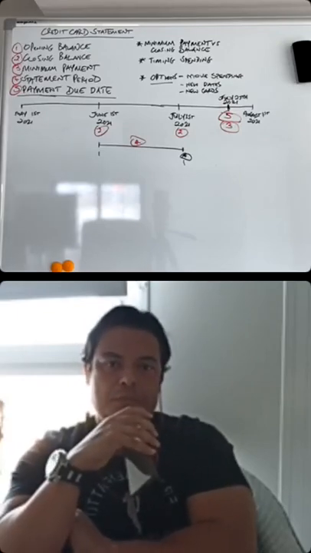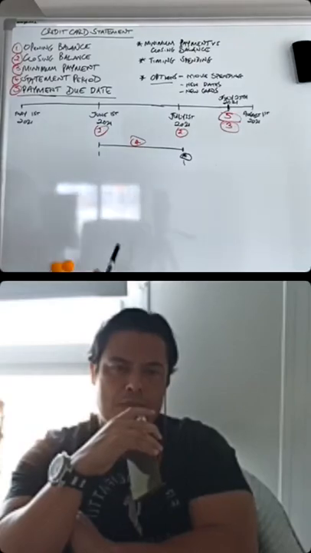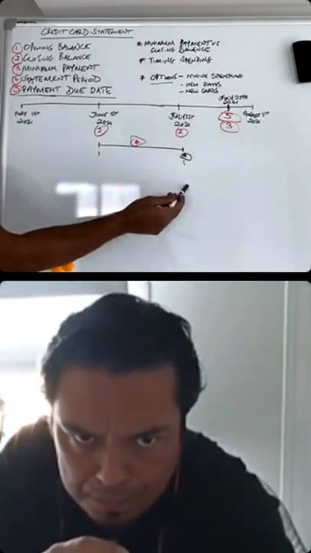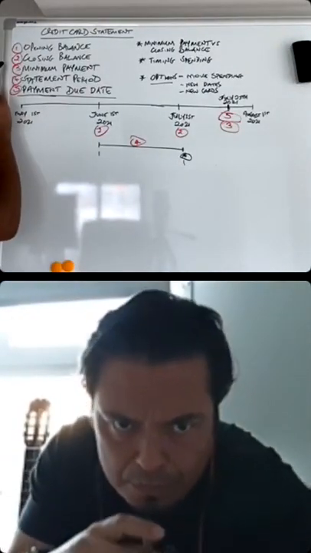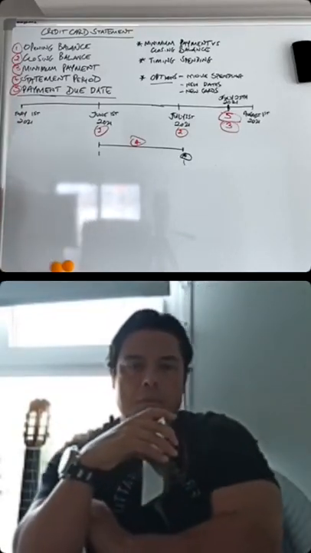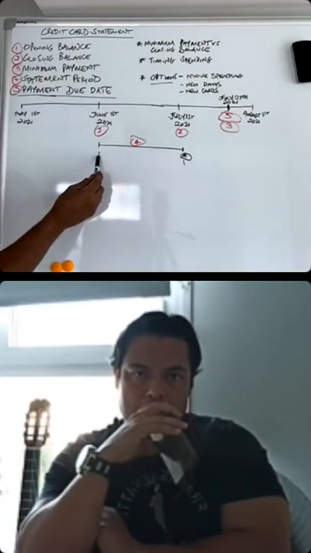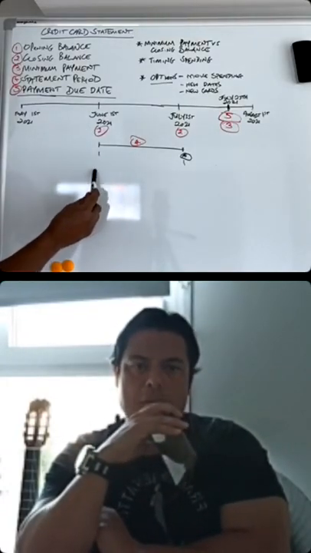So with our hypothetical, we received a statement here on the 1st of July. On that statement you'll see an opening balance and a closing balance. The opening balance is here at point one. Basically, it's saying what was the balance of your credit card on the 1st of June.